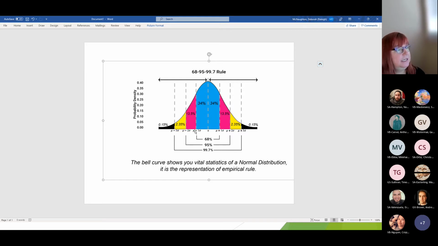And then when I take 16% plus 34%, the mean corresponds to the 50th percentile. This is a z-score of 0. And then mu plus 1 standard deviation is 50 plus 34, or the 84th percentile, and so on. So that's how you calculate the percentile, by adding up the numbers to the left.